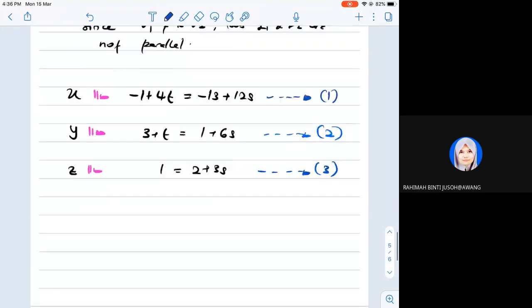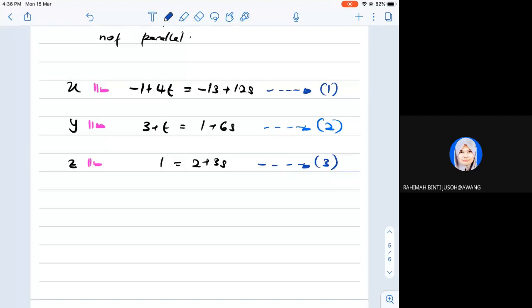Okay guys, in order to test whether the two lines intersect, what you need to do is find all values of t and s that fulfill all equations. Nilai t dan s tu mestilah memenuhi ketiga-tiga persamaan ni.